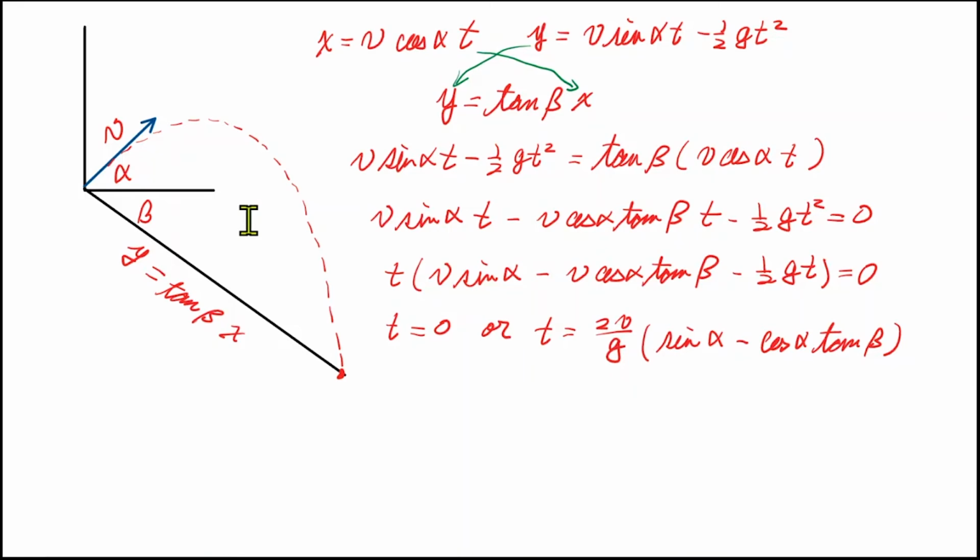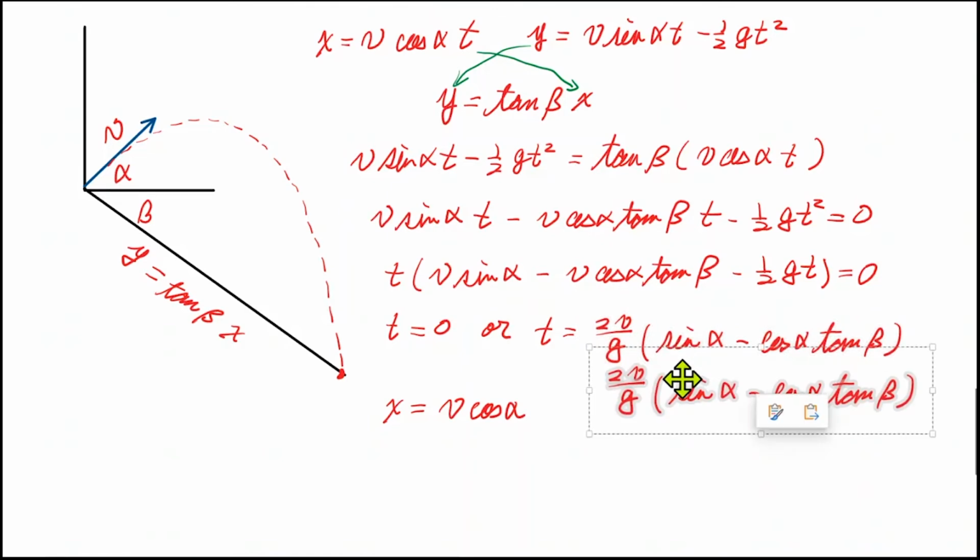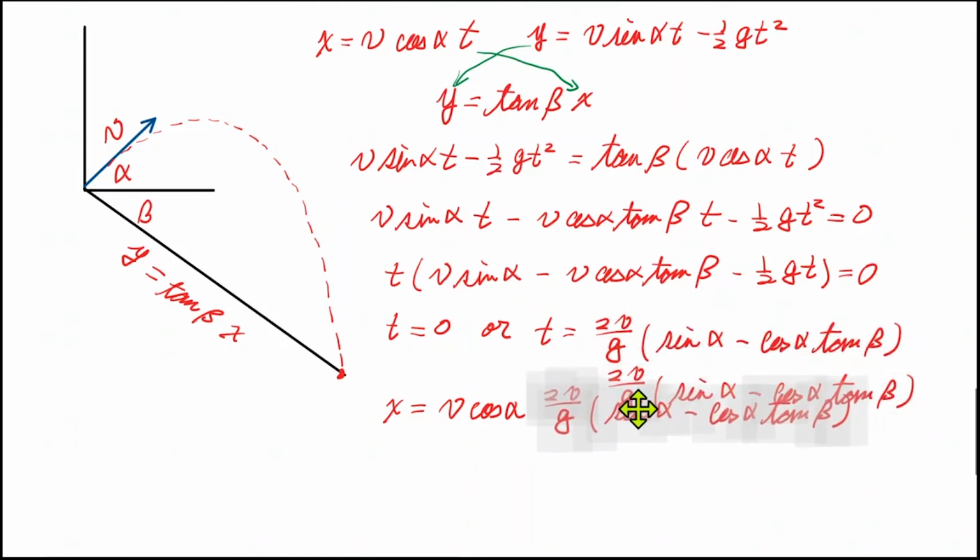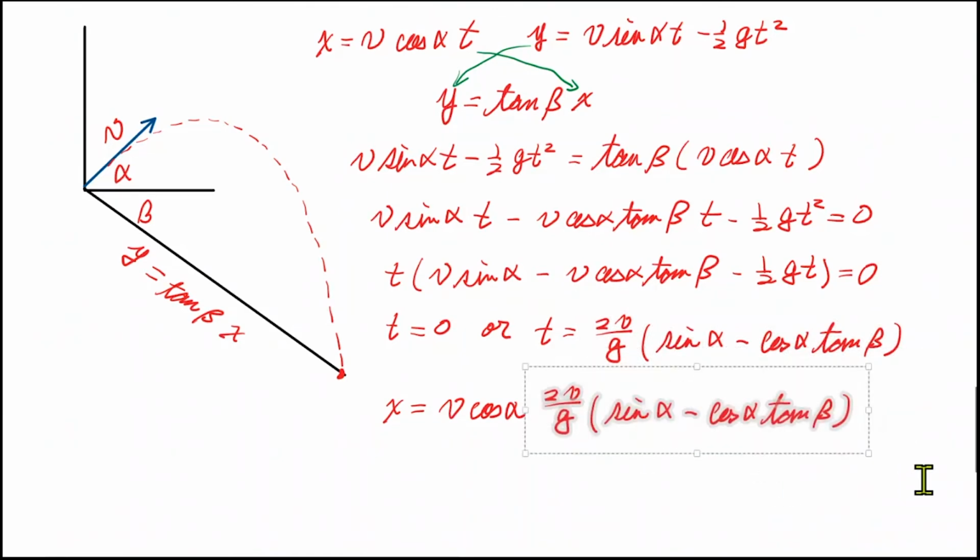Okay, so x is equal to, I'll do copy and paste again, cosine alpha times, like that, right? Then I'm going to distribute.